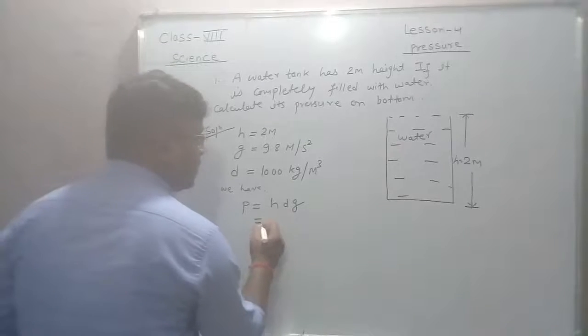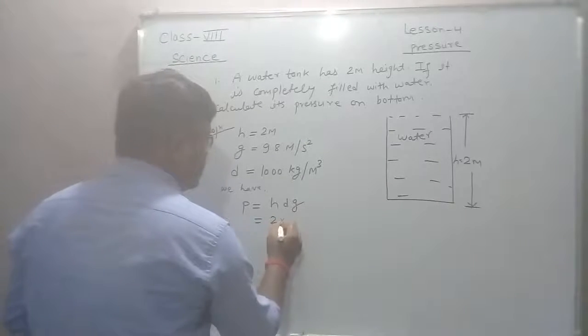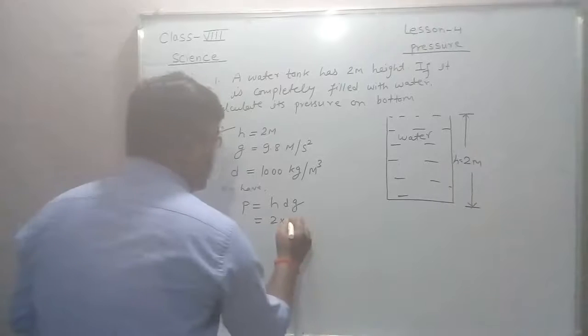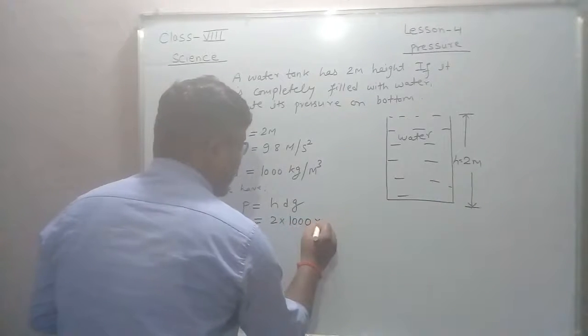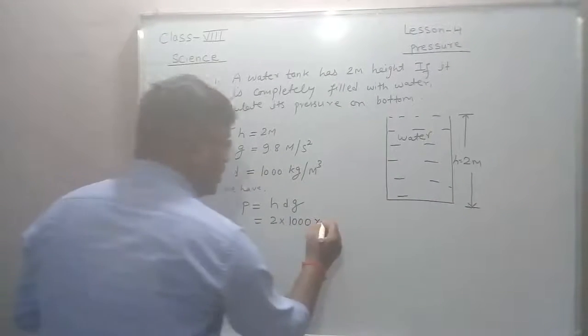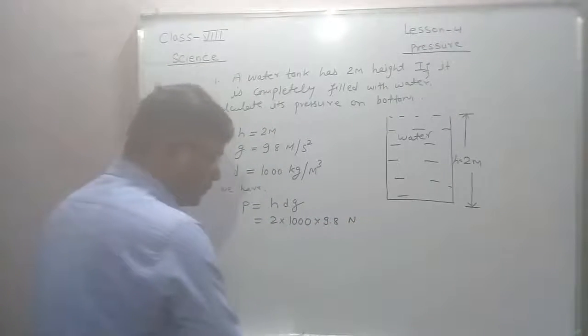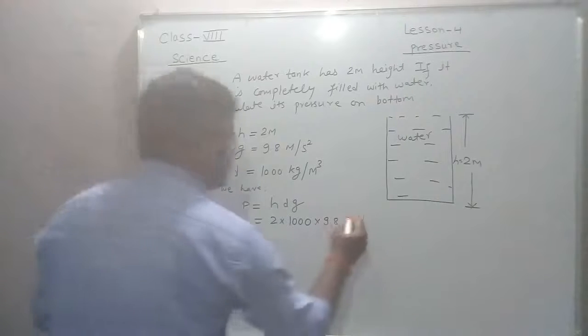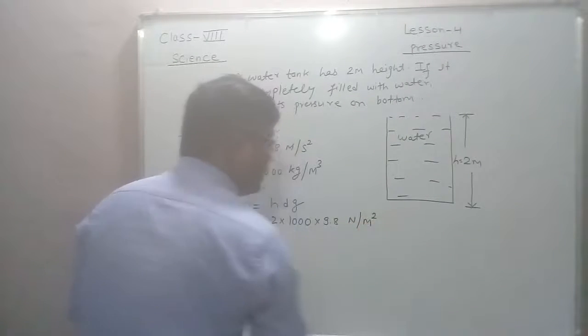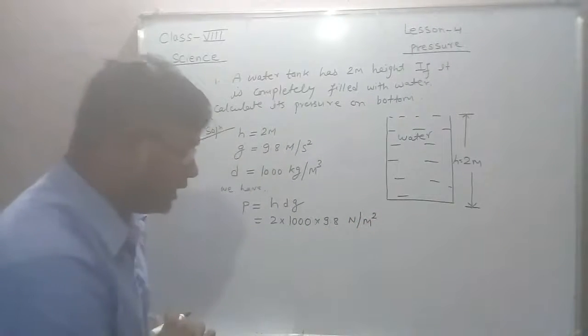So here the height of the liquid column is 2, density is 1000, and acceleration due to gravity is 9.8, and the unit you will get is Newton per square meter. Okay, so I have written the unit at the last.